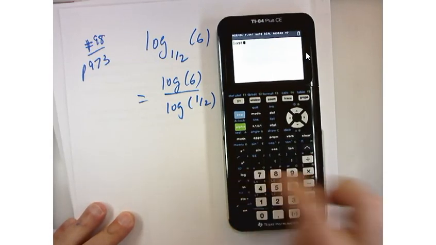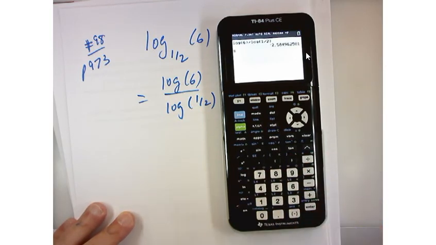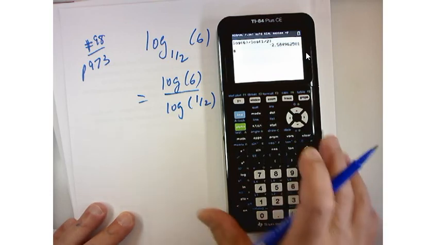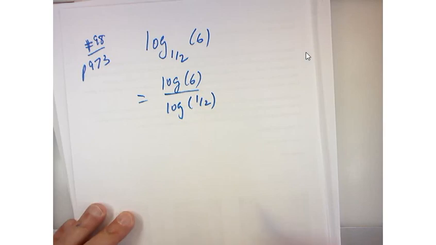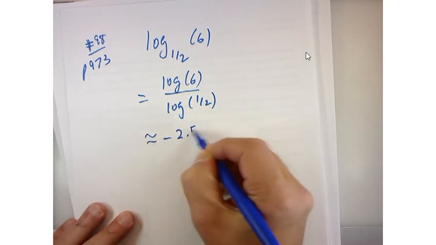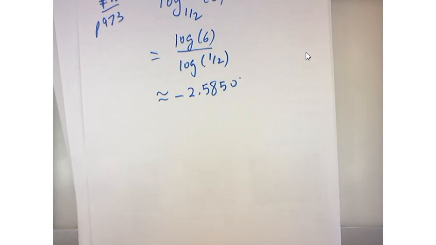So log of 6 divided by log of 1/2. And it's negative 2.5850 if you do 4 decimal places. Okay.